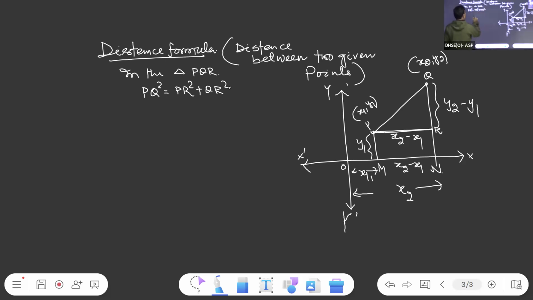The length PR is equal to x2 minus x1. So (x2 minus x1) whole square plus (y2 minus y1) whole square.